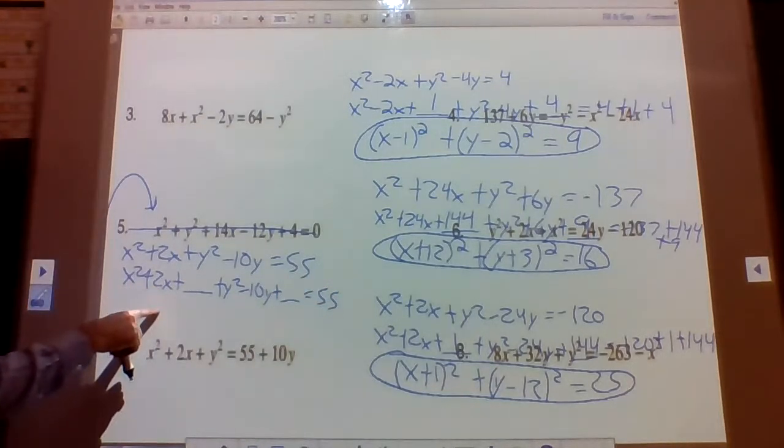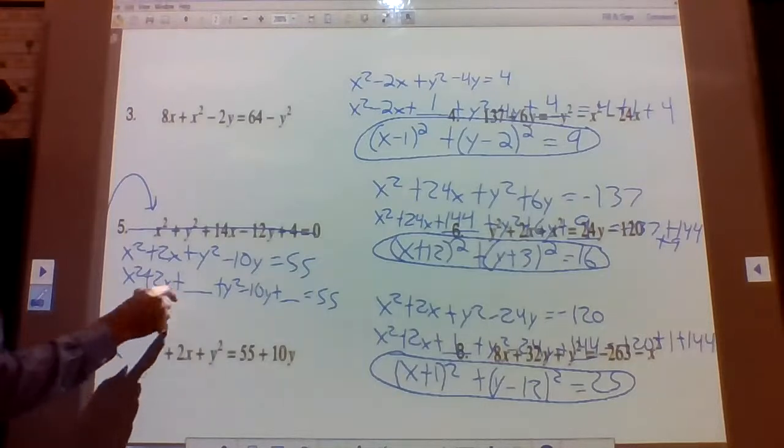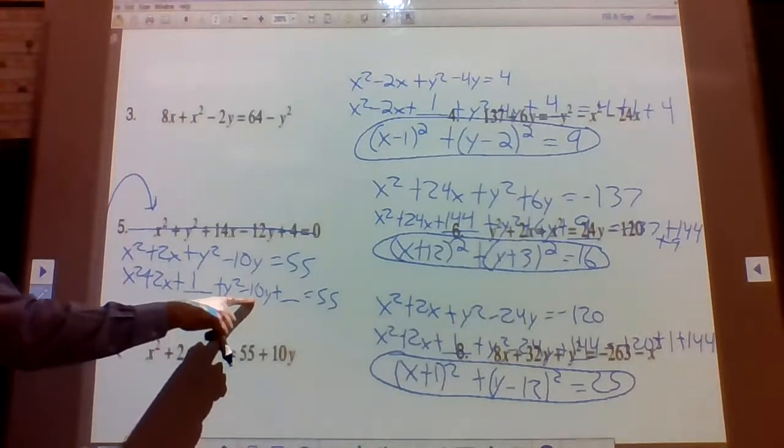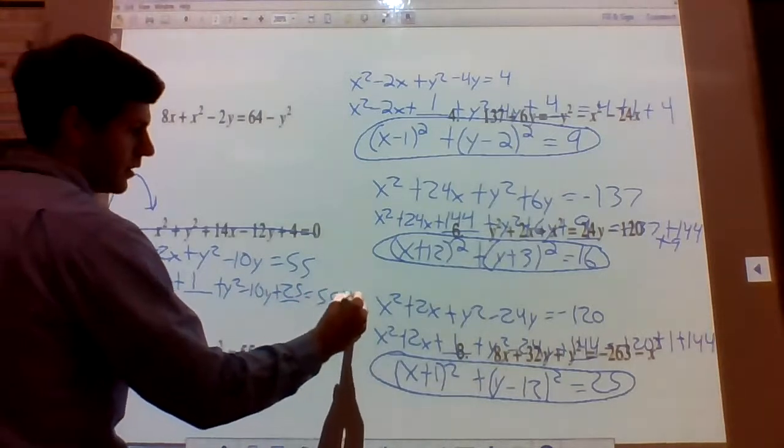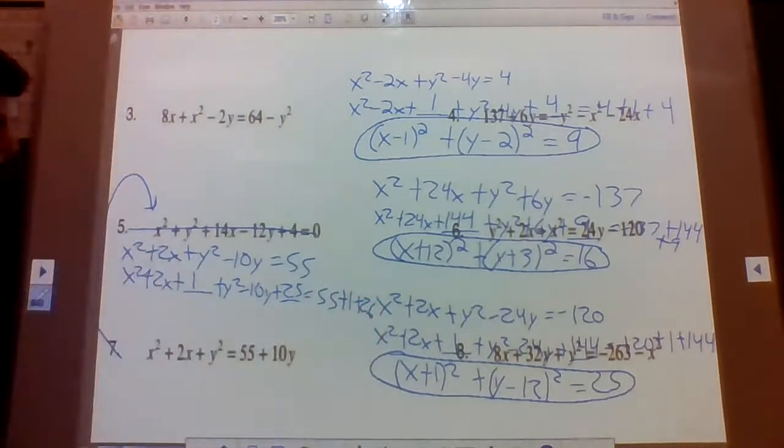Okay, 2 divided by 2 is 1. 1 squared is 1. 10 divided by 2 is 5. 5 squared is 25. That means we need to add 1 to both sides and add 25 to both sides.